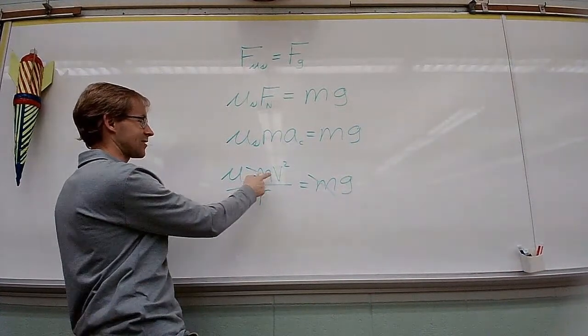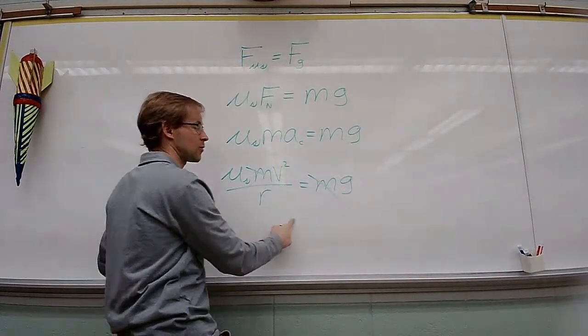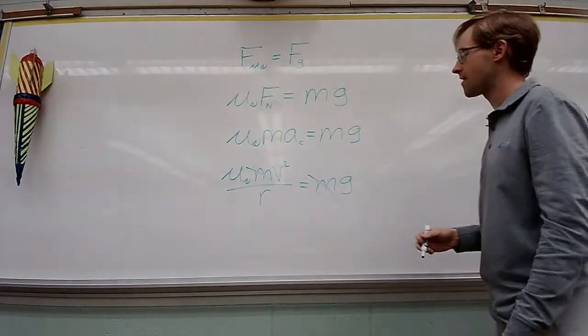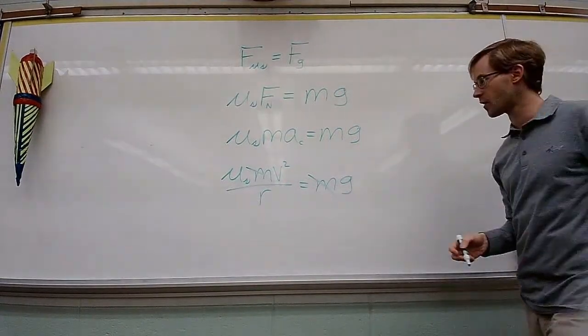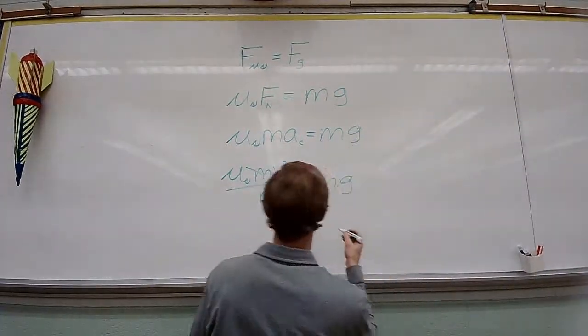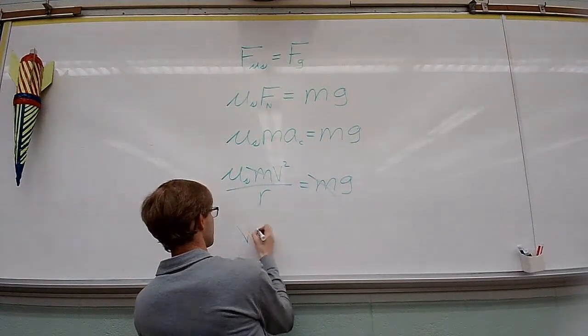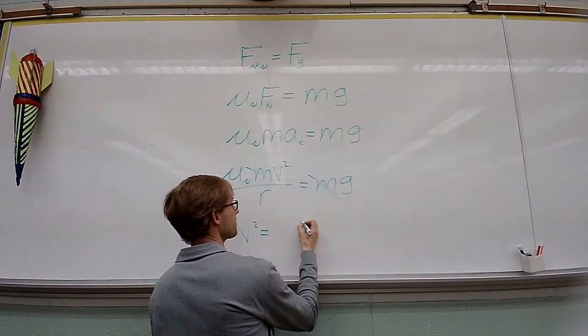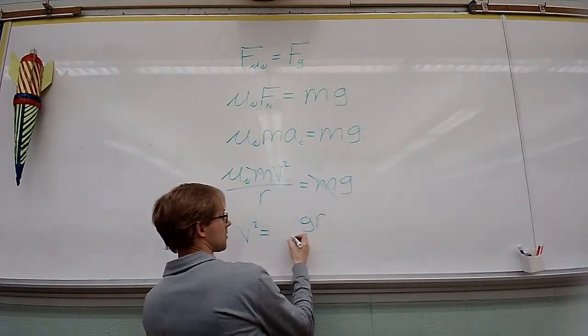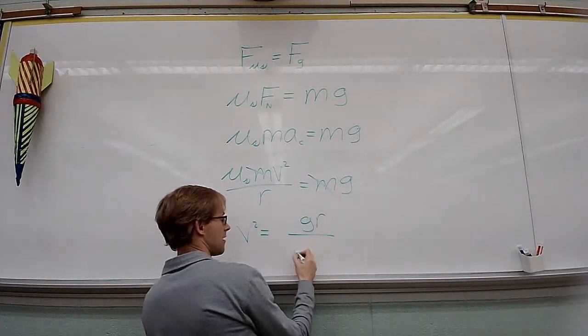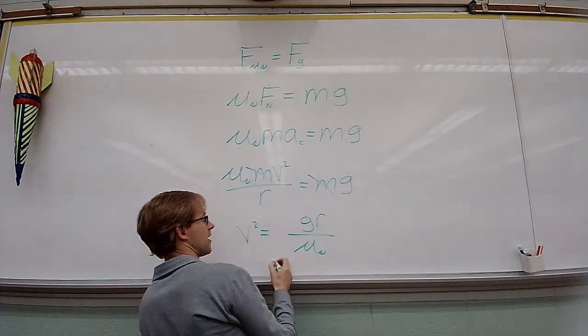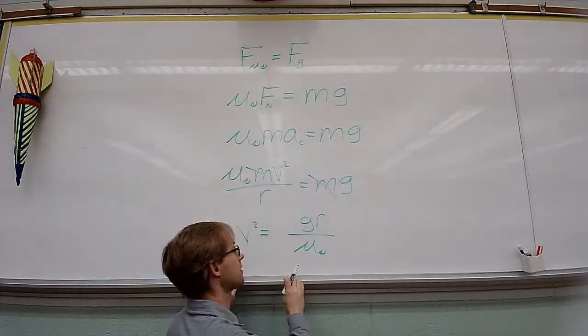If I want to solve for that velocity, I would multiply both sides by r and divide both sides by the coefficient of static friction. So let's see. v squared equals g r divided by coefficient of static friction.